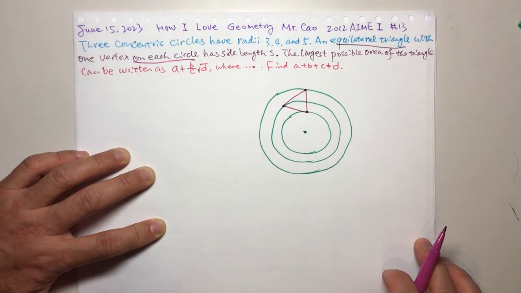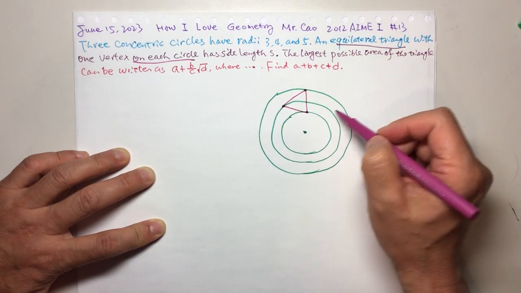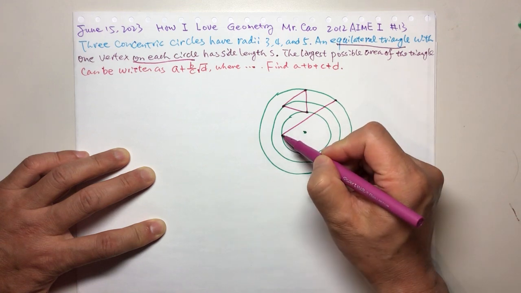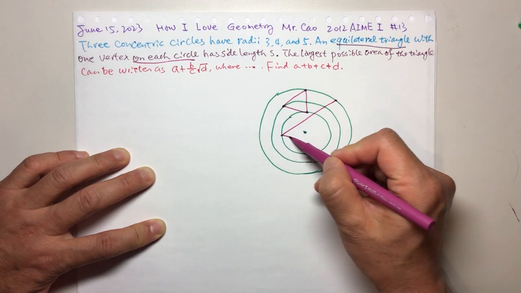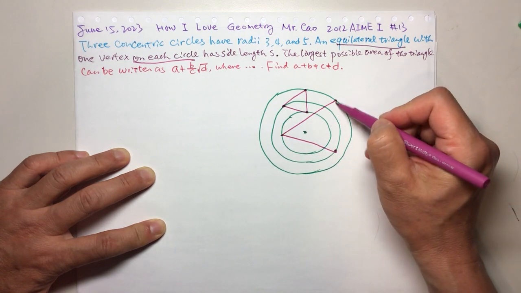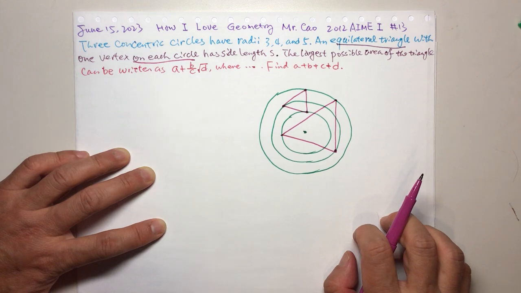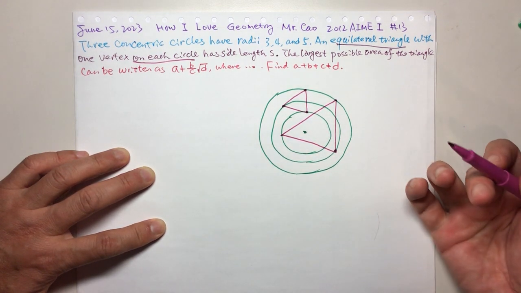That's one possible. Another possible, we can imagine one is here, another is here. Of course, the second case will be the largest. Only two possibles, right?